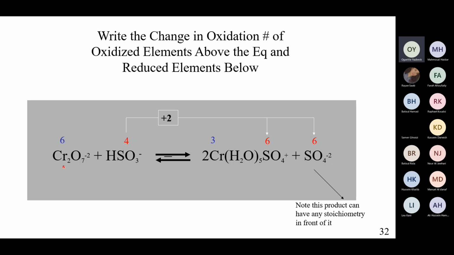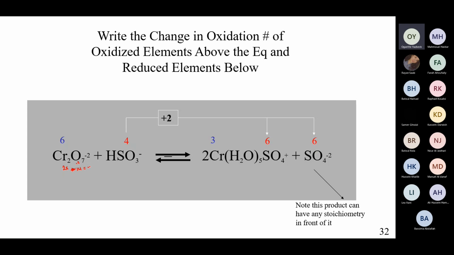Let's say the chromium is X, so we have 2X. And here oxygen you know is -2, so -2 times 7 gives -14 equals -2. Take the 14 to the other side, solve for X, we get that. For the chromium, X is 6.